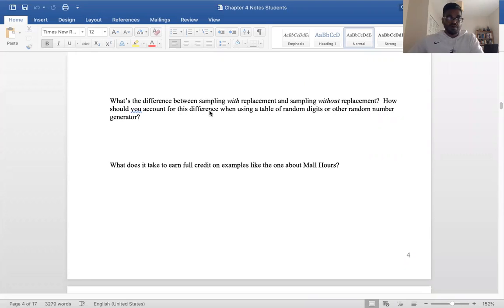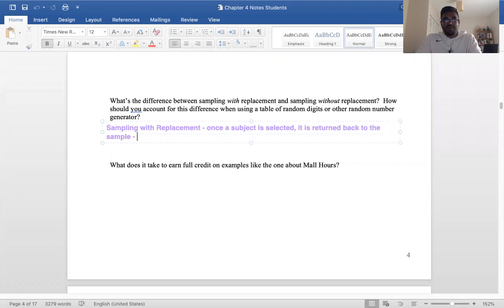Last couple of things for this video. What's the difference between sampling with replacement and sampling without replacement? When you sample with replacement, it means that you can put the individual back in. This is also going to lead into an idea that we're going to talk about in the next chapter, which is probability, but that's coming up. Once a subject is selected, it is returned back to the sample.